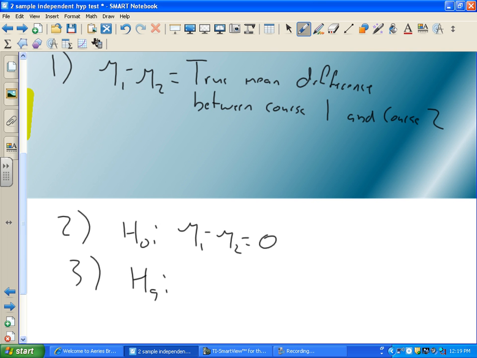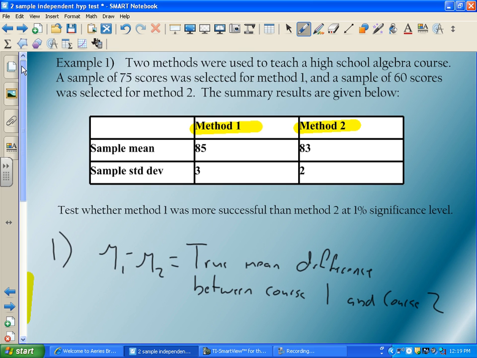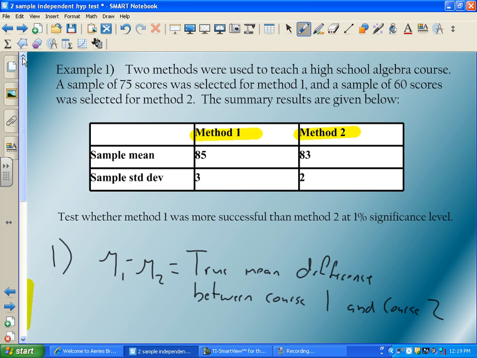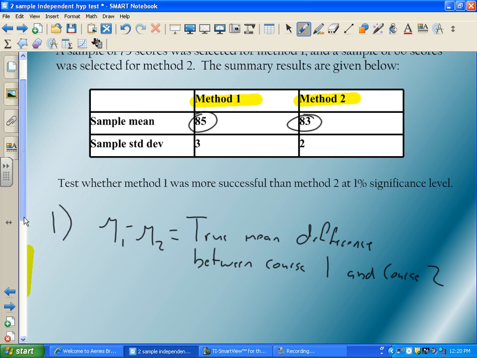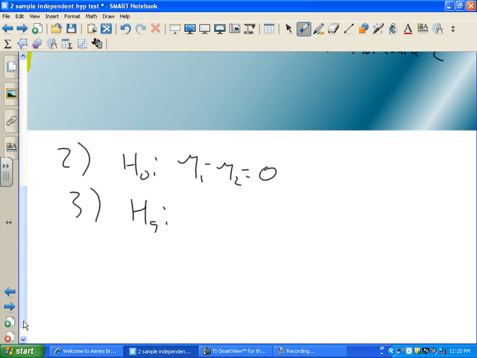In this case, what did it ask? It asked us to test whether method 1 was more successful than method 2. We can eyeball that and say, yeah, it looks like it's better. But do we know for sure statistically? So we're looking for evidence to say that mu1 is better than mu2, right?